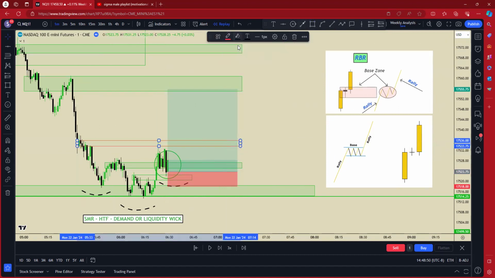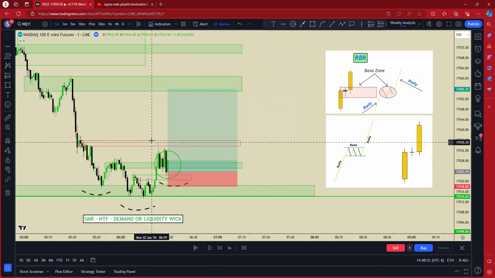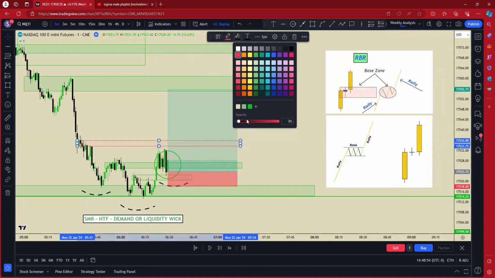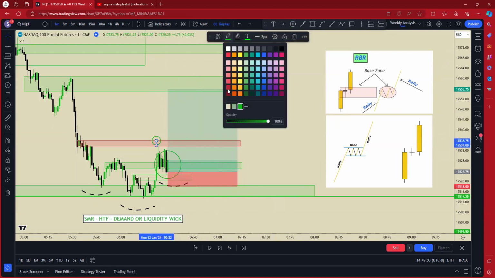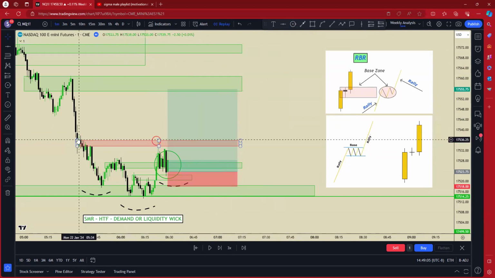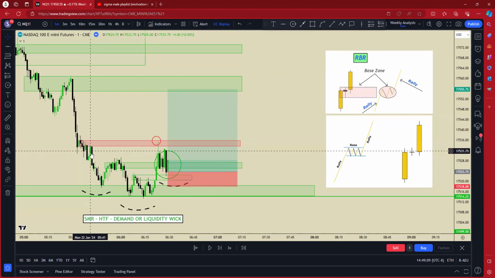But what I want you guys to notice first is one of the key factors, right here. This was a basing area, an order block that caused supply.